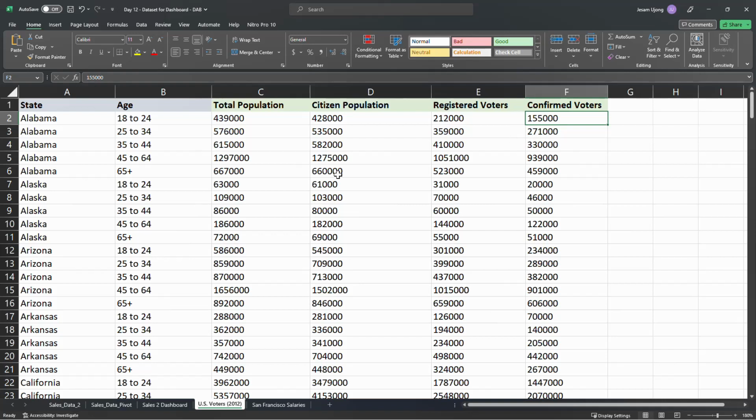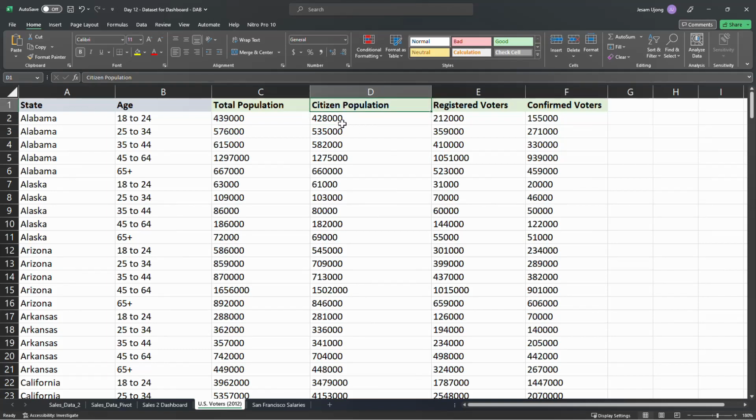What does this mean? Typically it's only citizens that can vote, right? So of the total population of 439,000 within this age range in Alabama, just 428,000 were eligible to vote because they are citizens.